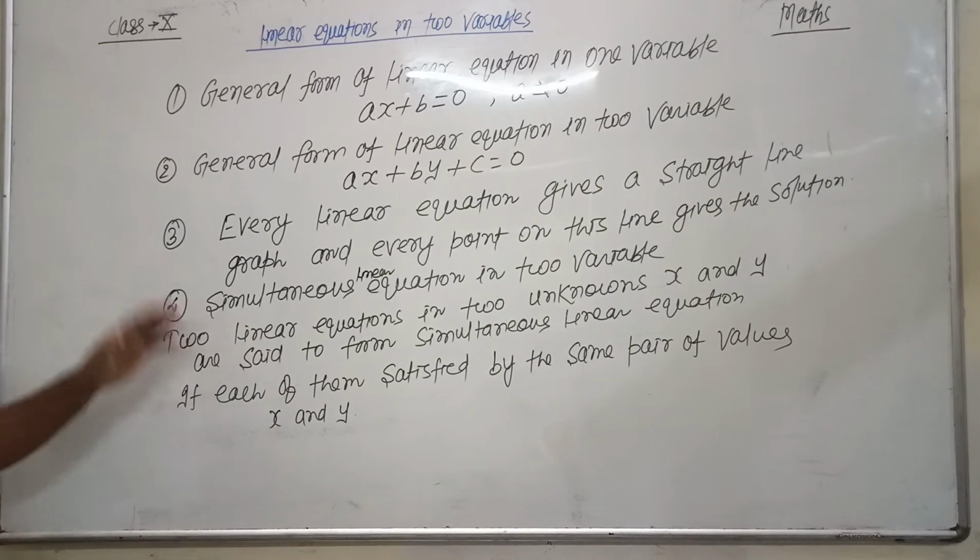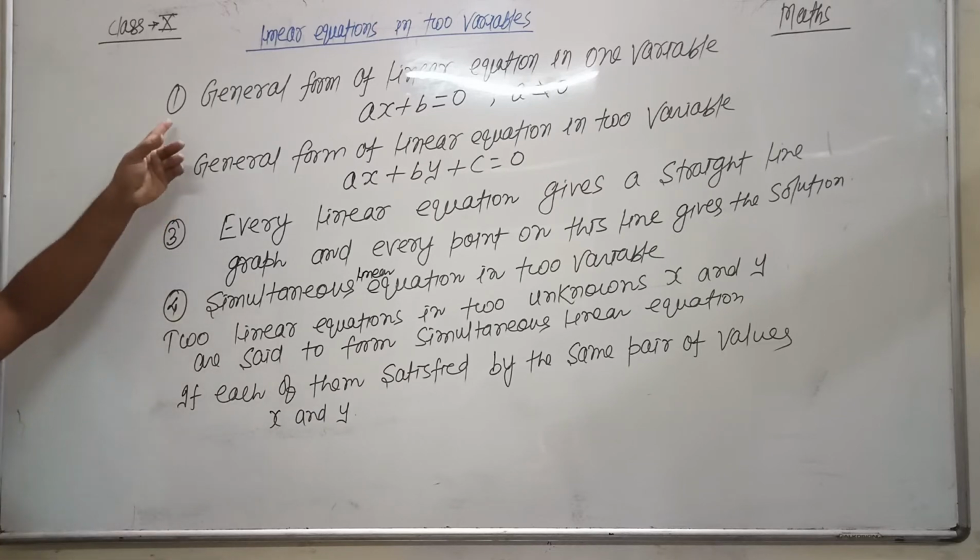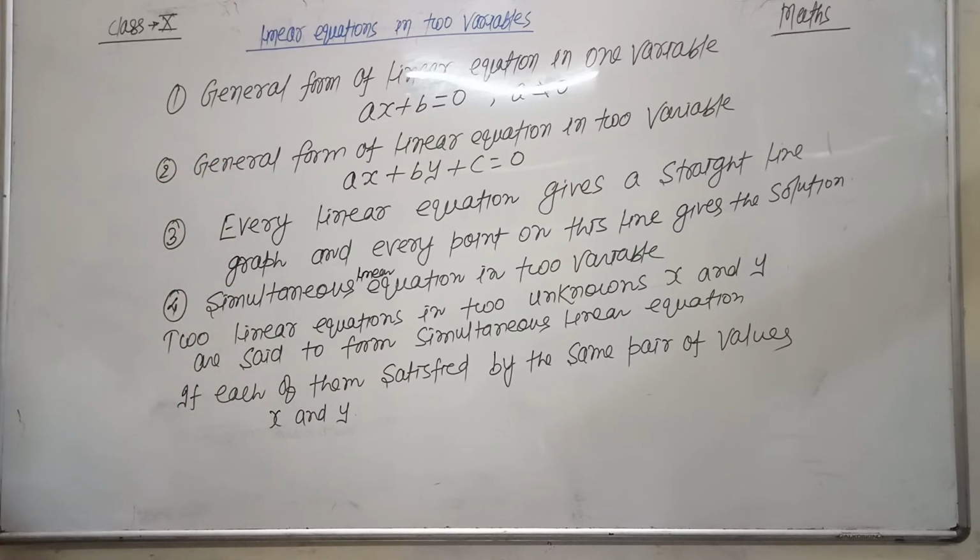So we are discussing the theory of linear equations in two variables. First, we have seen the general form of linear equation in one variable given by ax plus b equals to 0, where a is not equal to 0. Second, the general form of linear equation in two variables is given by ax plus by plus c equals to 0.